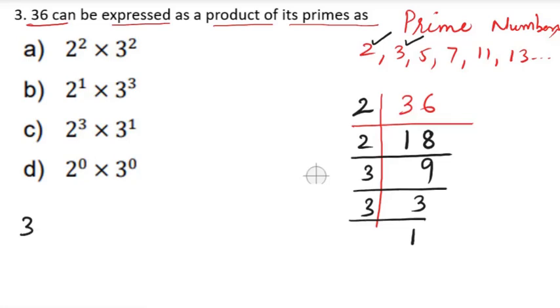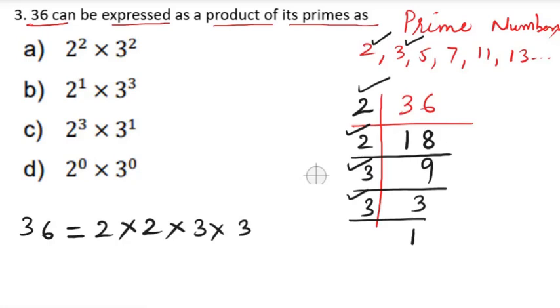So 36 can be written as 2 times 2 times 3 times 3, or 2 raised to power 2 into 3 raised to power 2. So the correct answer is 2 square times 3 square. This is the correct answer.